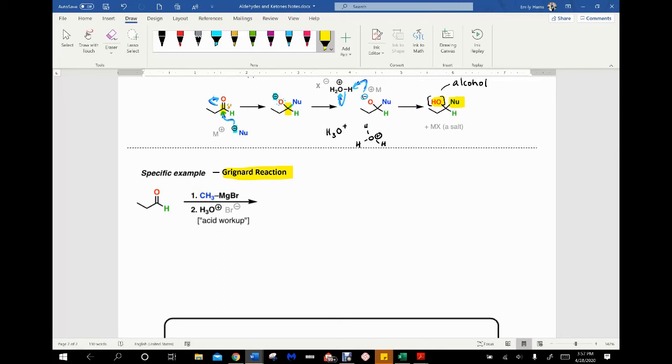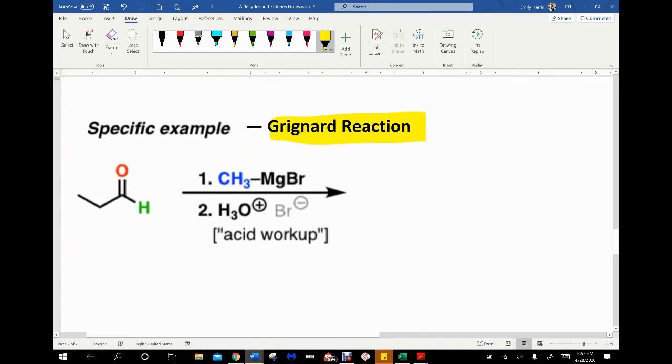Now normally when we look at CH3 by itself, it doesn't look like a very good nucleophile. Carbon and hydrogen have roughly the same electronegativities, so it doesn't really have any extra electrons that are good for attacking something else. And so why it's called a Grignard reaction is that in the first step they use something called a Grignard reagent.